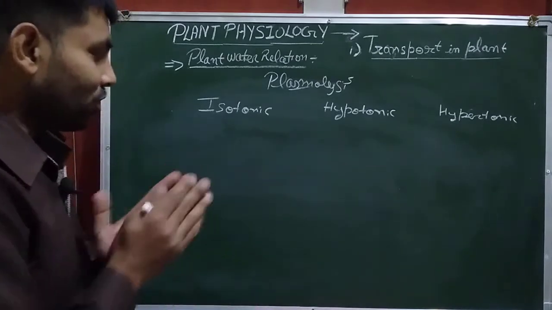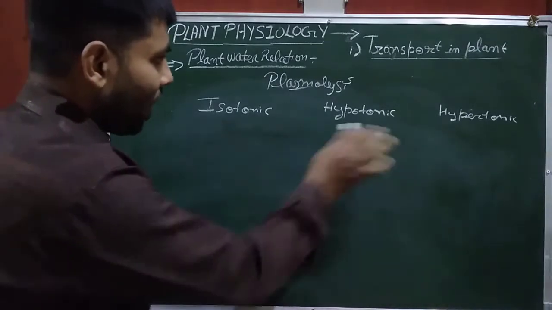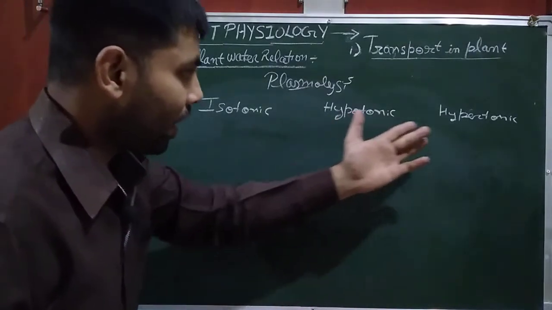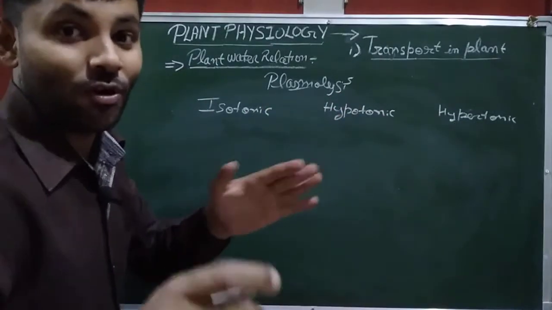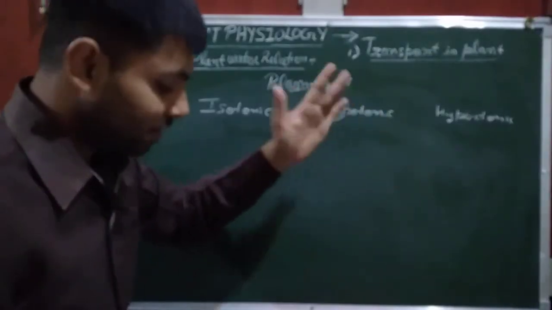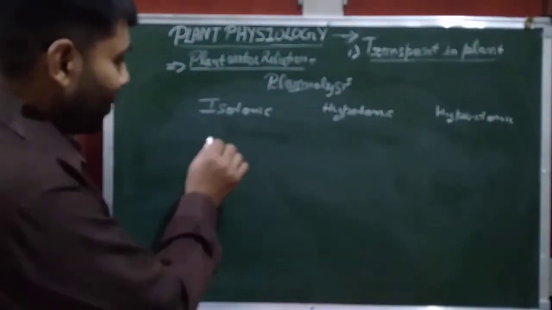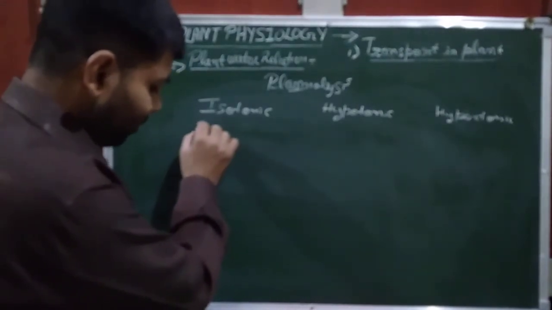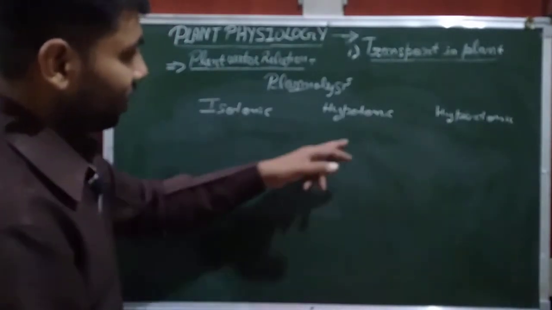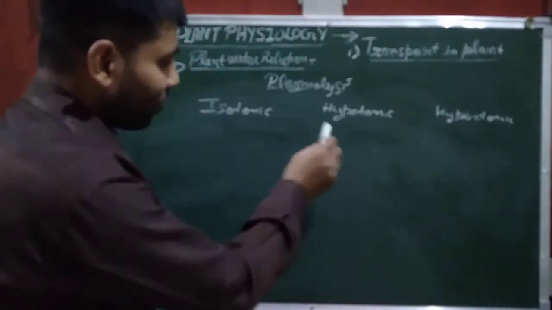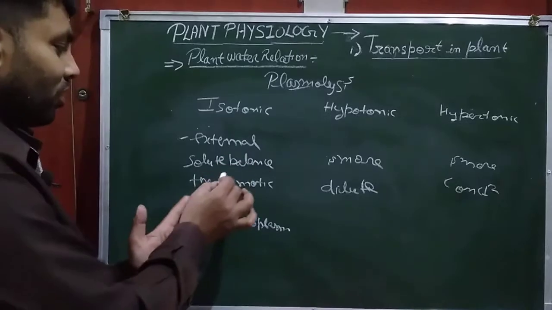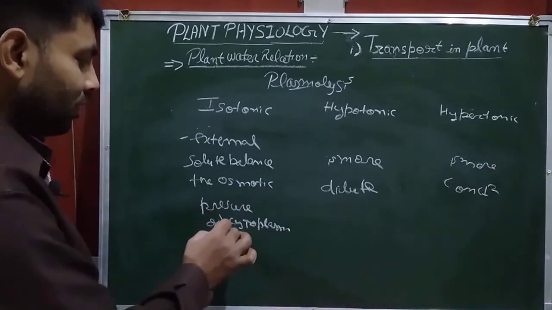Now see, it is of three types: isotonic, hypotonic and hypertonic. By the name it is very clear: iso, hypo and hyper. Hyper doesn't mean that you got angry. It is based on concentration. In isotonic, the external solution balances the osmotic pressure of the cytoplasm.